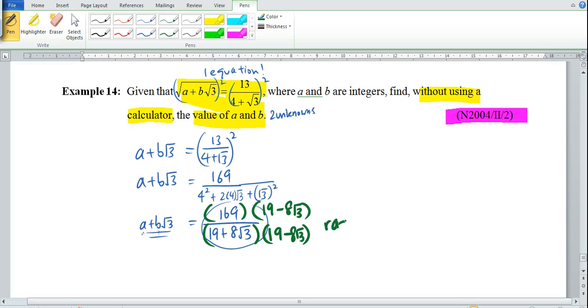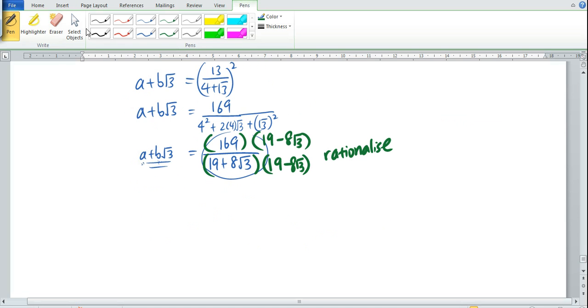This is rationalizing. This way can help me remove the surd from the denominator and bring it up to the numerator so that later I can compare. Now if I continue, a plus b square root 3 pretty much remains as it is, but it's the other side that has lots of simplification to do.